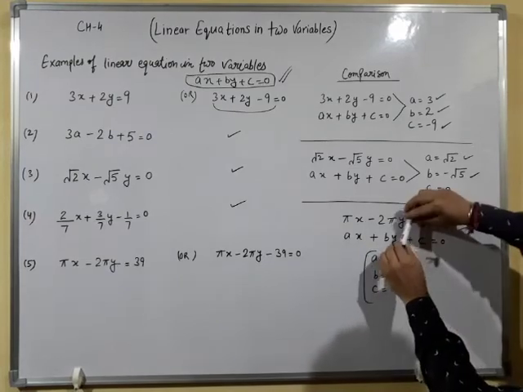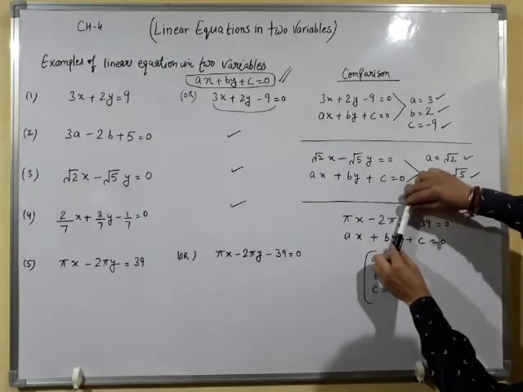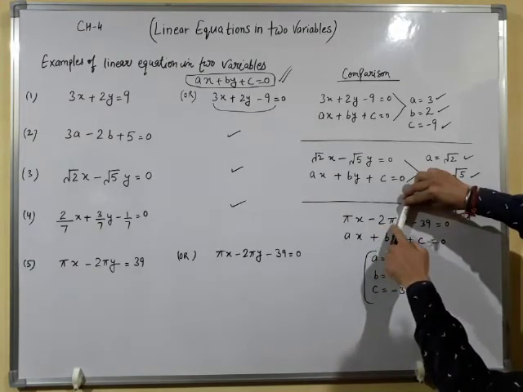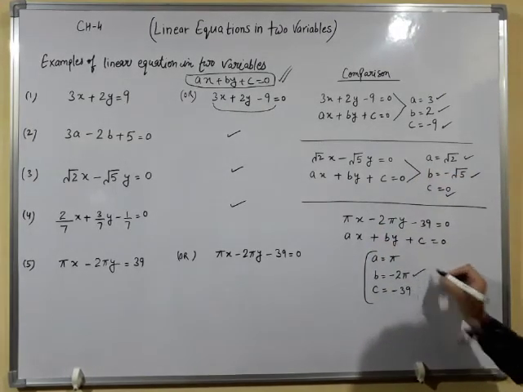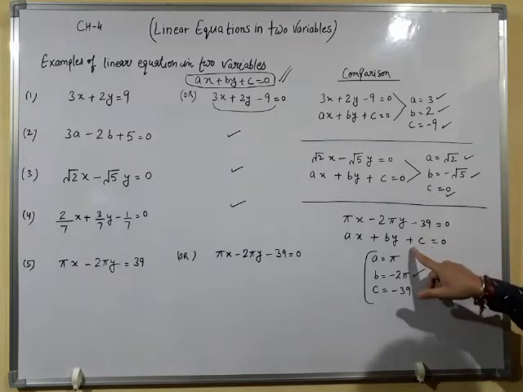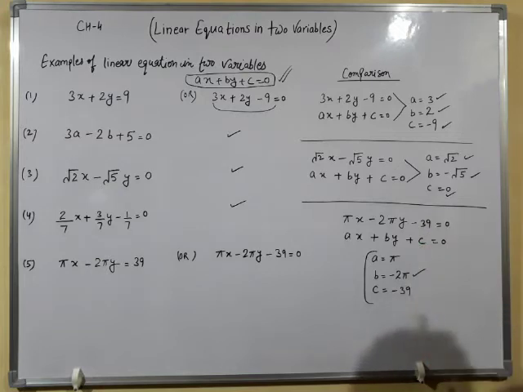After hiding y, be careful here, after hiding y we get b here and we get minus 2 pi here, so the value of b is minus 2 pi, and we have here c as a constant and here minus 39, so c will be equal to minus 39.